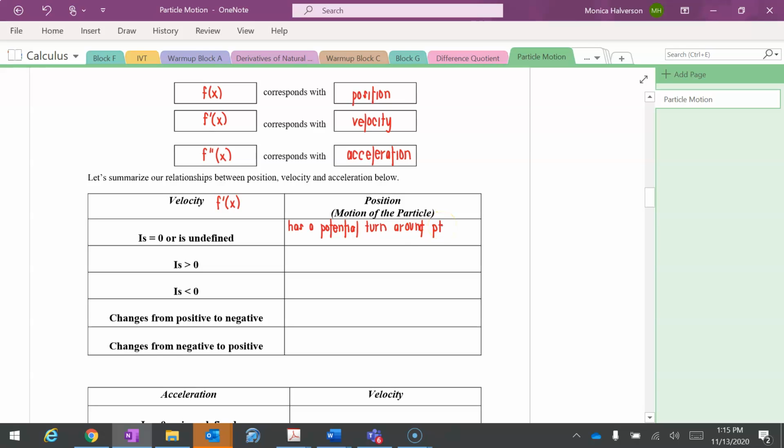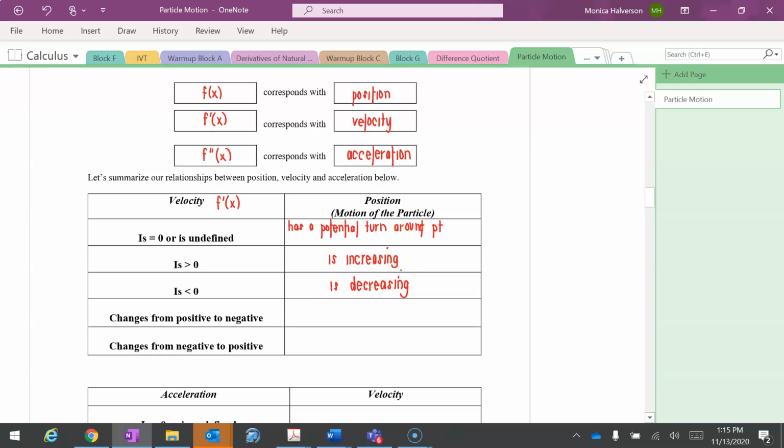If the velocity, which is the first derivative, is greater than 0, we know our position is increasing. And what that means is it's moving further and further away from the starting point. If it's less than 0, then that means our position is decreasing, which means we are closer to our starting point.